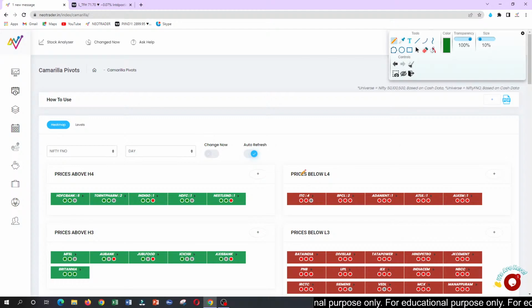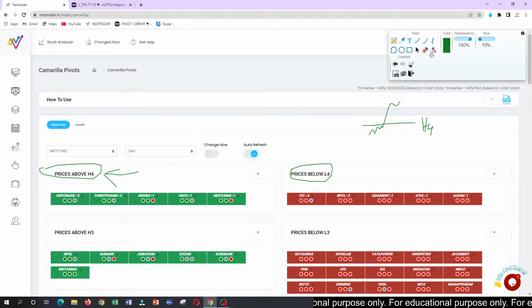I want to look at the price below L4 and price above H4. I want to look at all of these things. All right, because the H4 level is your most important resistance, the stock breaking your H4 level and moving up is what is coming over here, right?